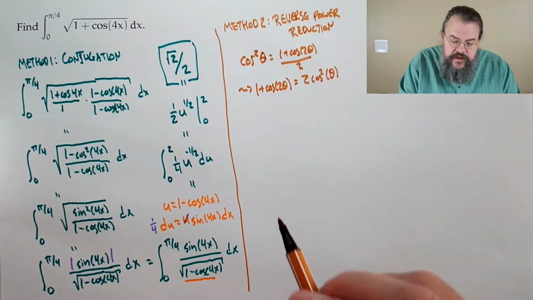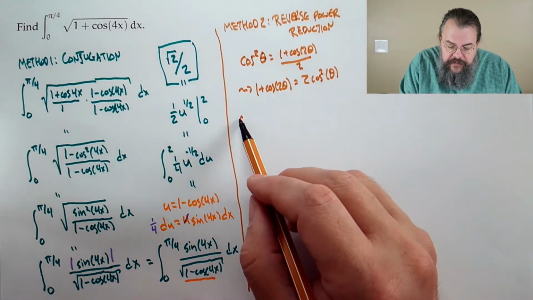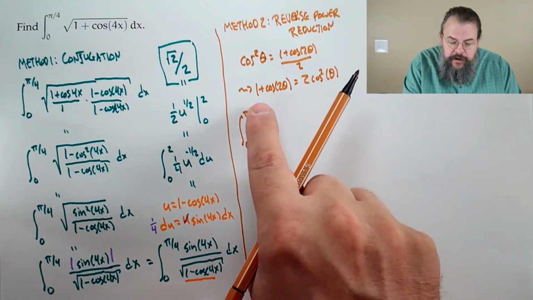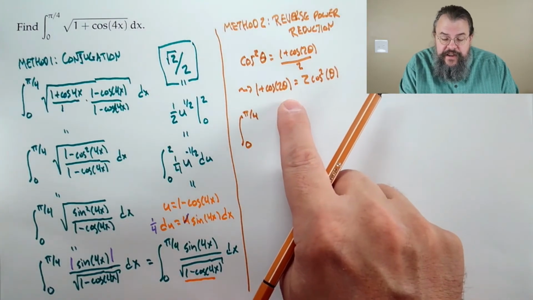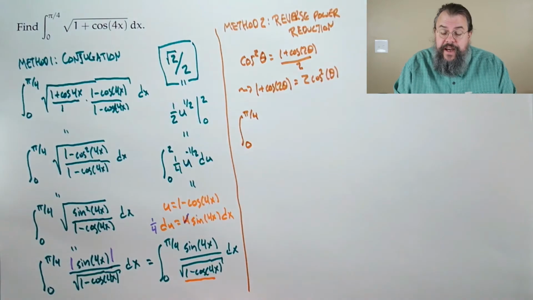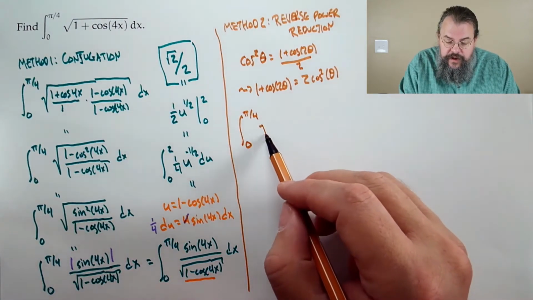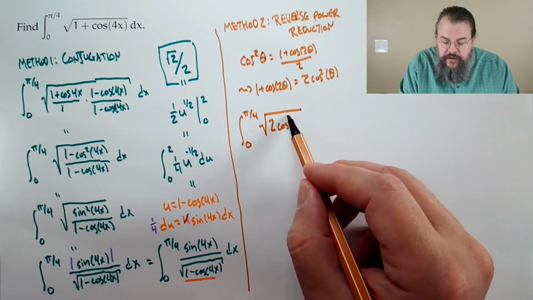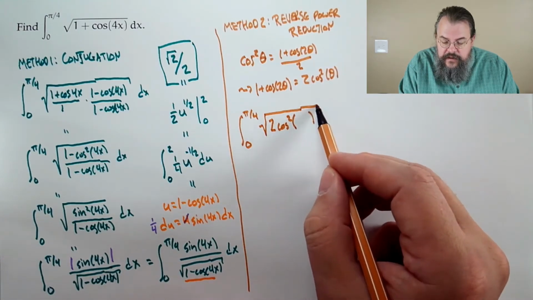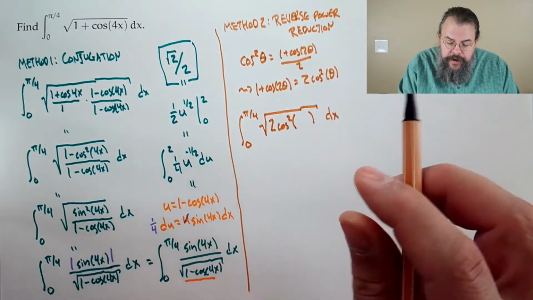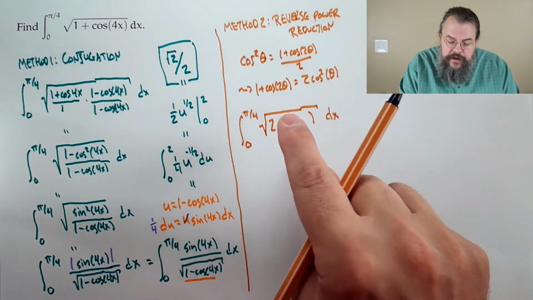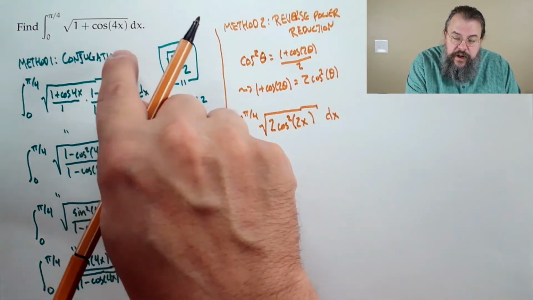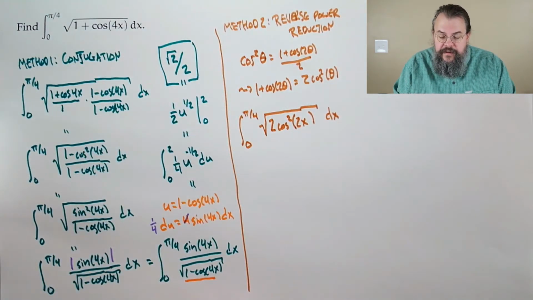Okay, so applying it here, if you think about the integral 0 to pi over 4, we have a 1 plus cosine of something. In our case, 2 times something is 4x. So we could say, look, that's the same as 2 cosine squared of, and this is the part where we want to make sure we don't make too many mistakes, it's going to be 2x, right? Because 2 theta is 4x, so theta is 2x.